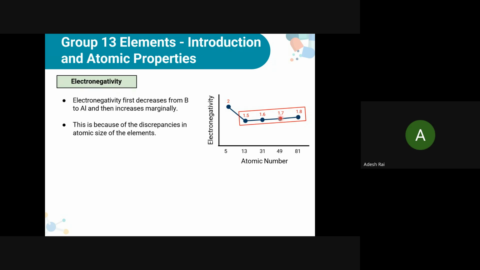If you see the size, it is more for indium compared to gallium, so by that logic it should release that electron easily. Its metallic character is also more. But it was experimentally seen.